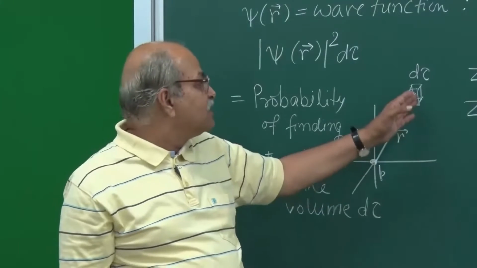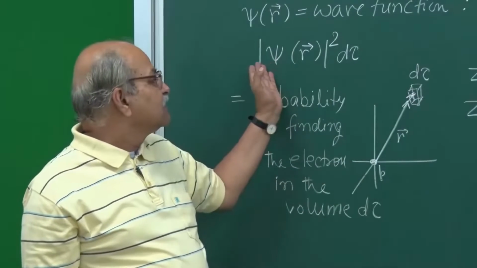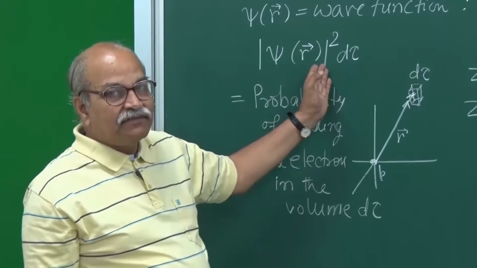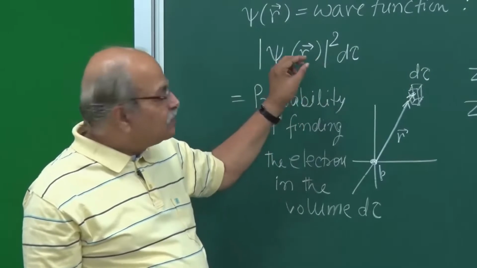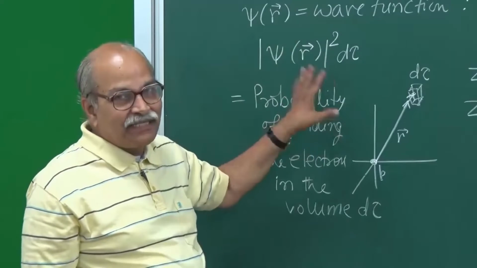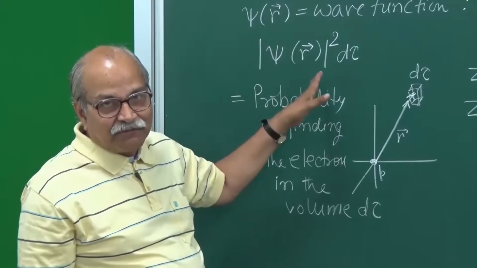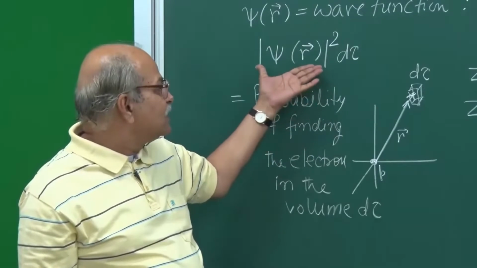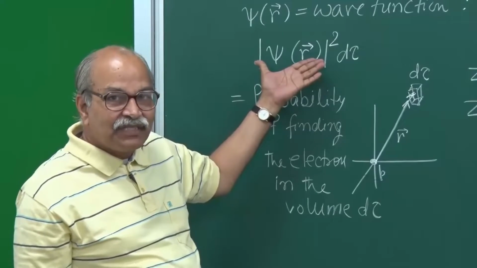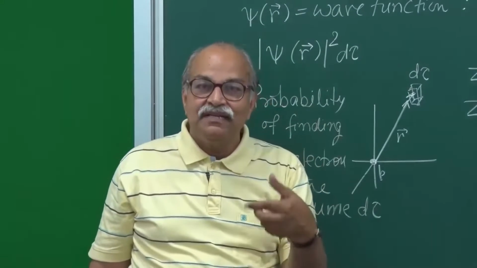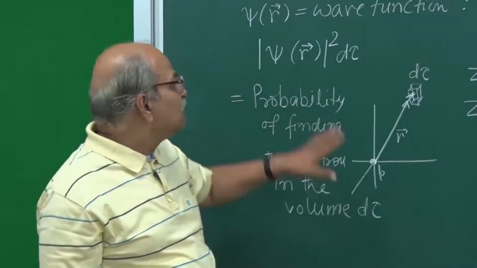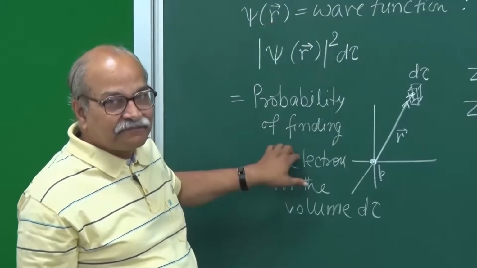If at a certain point the wave function does not have a finite value, suppose it is 0 at a certain point, then there you say, okay, the electron will not be found. But if this quantity is large at a certain position, then you say that in that vicinity I have a larger probability of finding the electron. So that's the meaning of this wave function.